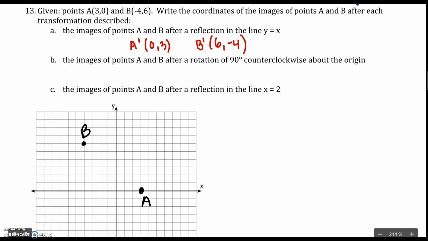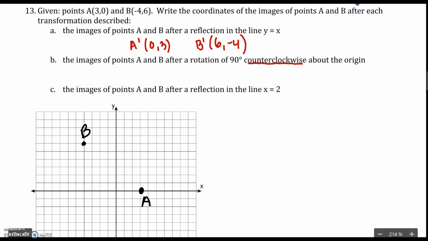For part B, we're going to also do the images of A and B. So we are not going to use A prime and B prime to come up with part B. We're going back to the original A and B. It is important to look at what you're doing the image of. Also note that even though this is a positive 90, you need to read the word counterclockwise. Sometimes it will say clockwise or counterclockwise, and you must follow the word.